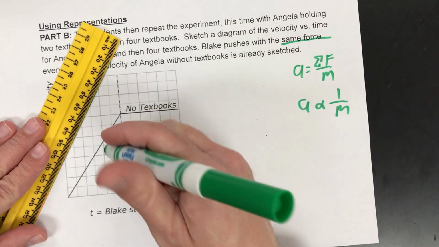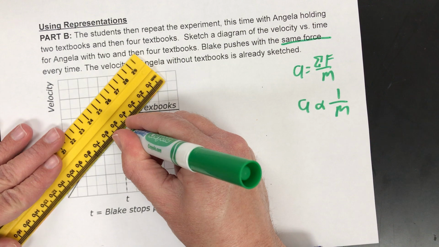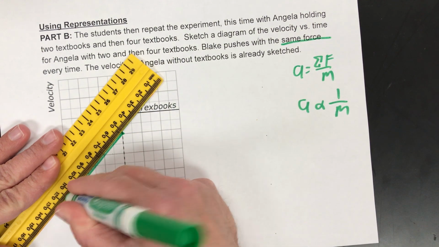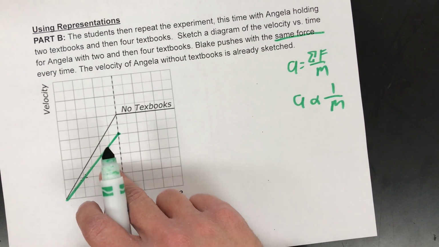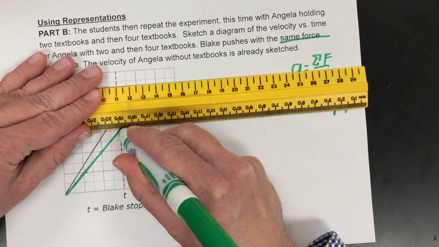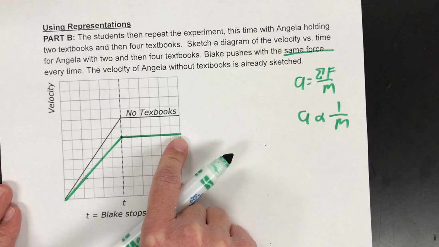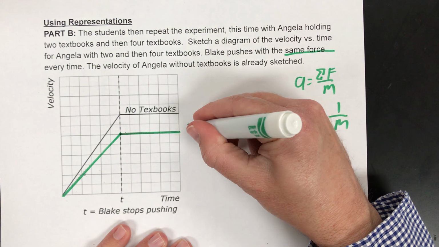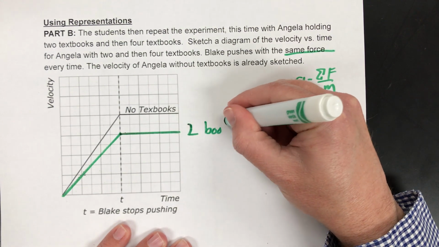So if this is no textbooks, let's say 2 textbooks increases the mass, so less acceleration, which on this graph means less slope, because the slope is acceleration. Just like all the other ones though, once you are done pushing, then you will cease to have acceleration, and therefore you won't have any slope. So that, for example, would be 2 textbooks.